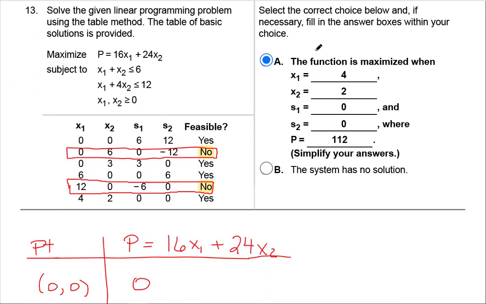All right, let's see. Question 13. They're giving us this table. All right, let's see the not feasible. I've got negative pieces. So here are all the parts that are feasible: 0, 0, 0, 3, 6, 0, and 4, 2.